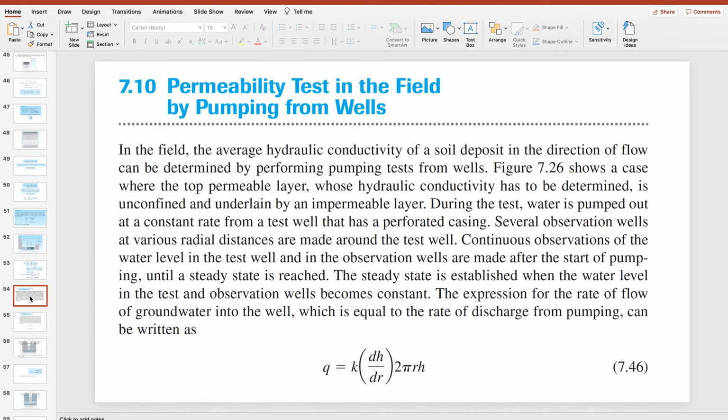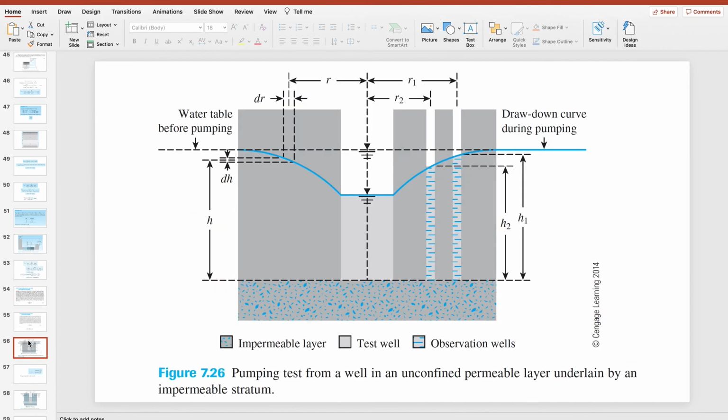So, the permeability test in field by pumping from wells. So, in the field, the average hydraulic conductivity of soil deposits in the direction of flow can be determined by performing the pumping test from wells. Figure 7.26, ito yun.